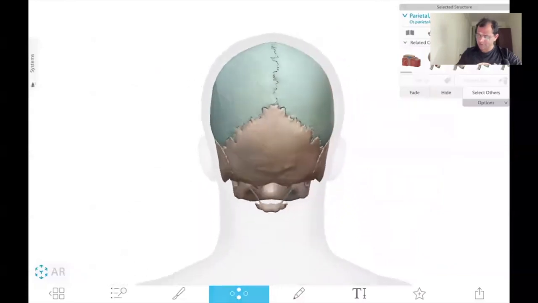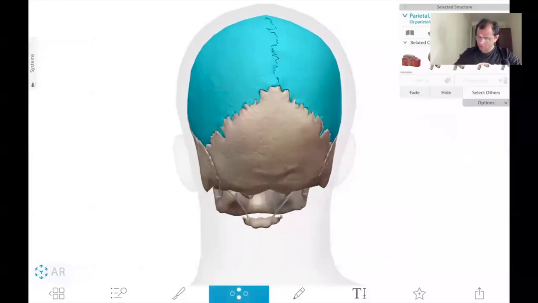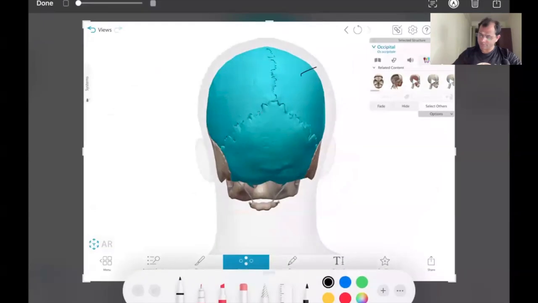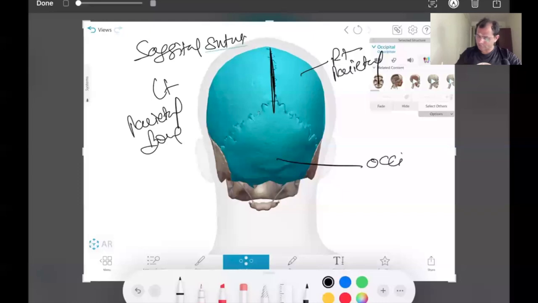Then we are going to the back side. We can see this is the occipital bone. So the right parietal bone, left parietal bone. In between, we are having the suture, sagittal suture, and this is the occipital bone. And the junction between them is the lambda.